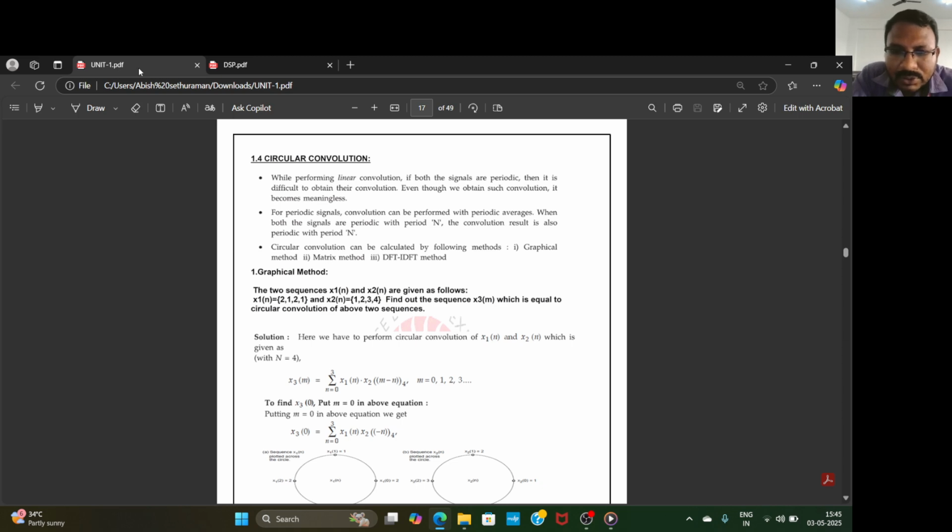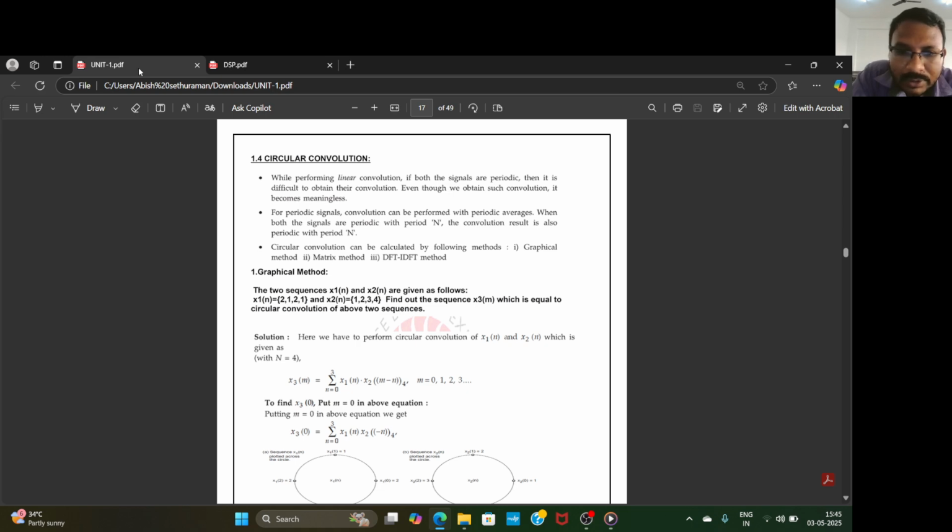In this concentric circle method, we mainly use the formula x3 of n equals the sum for n equal to 0 to N minus 1 of x1 of n into x2 of m minus n. Based on that, this is the graphical representation. First we plot x1 of n in the clockwise direction and x2 of n also clockwise.